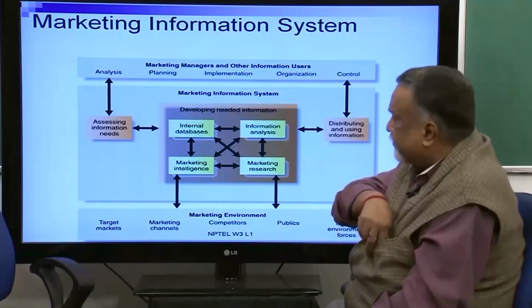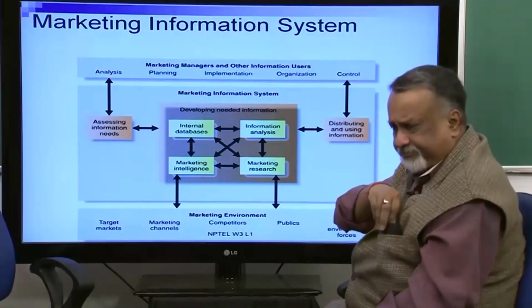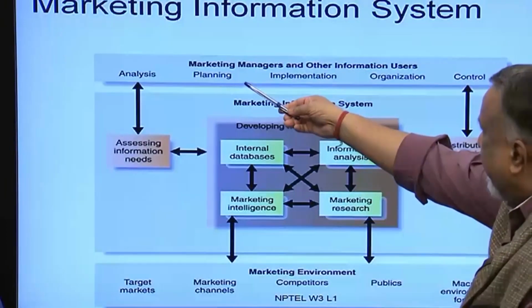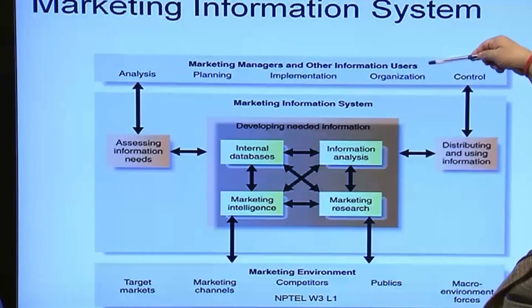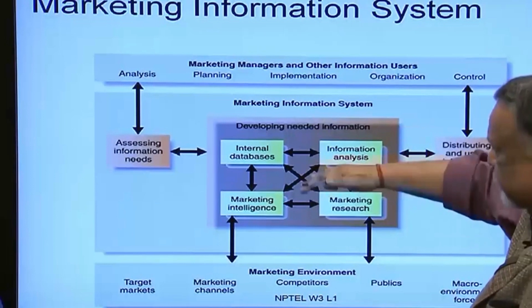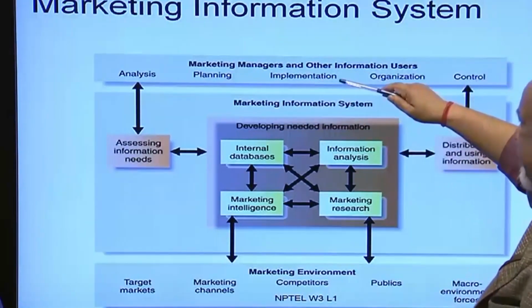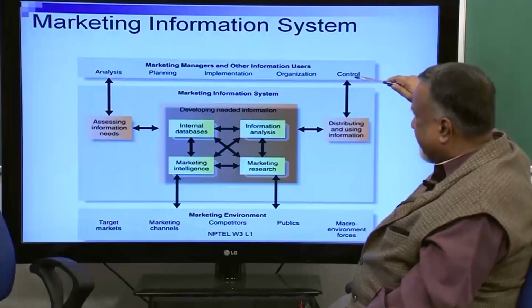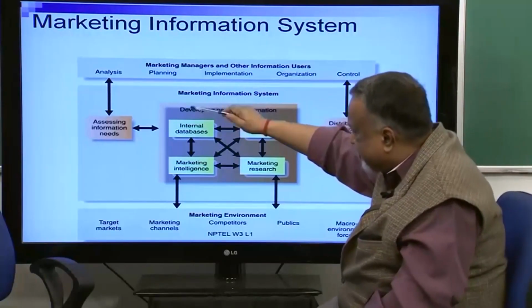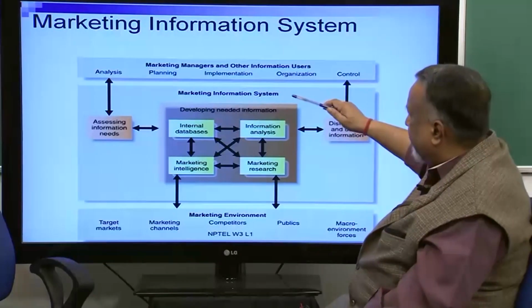So, on top, you have marketing managers and other information users. This is where the output has to go for analysis, planning, implementation, organization and control, and this is the block that we are discussing today.